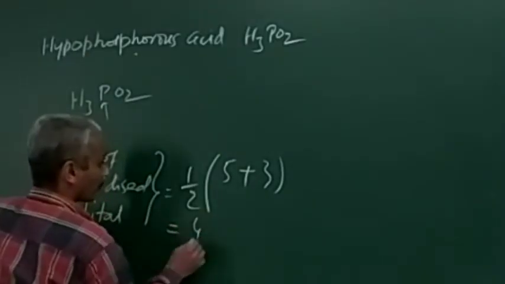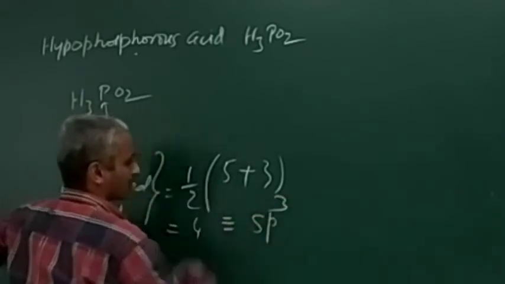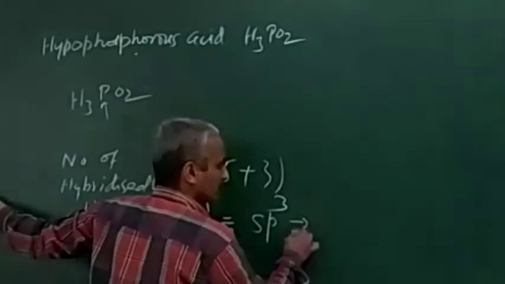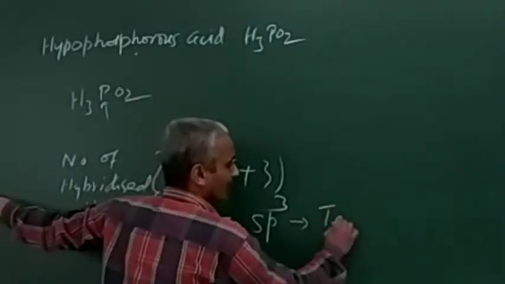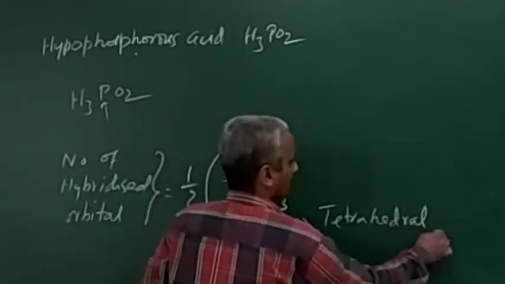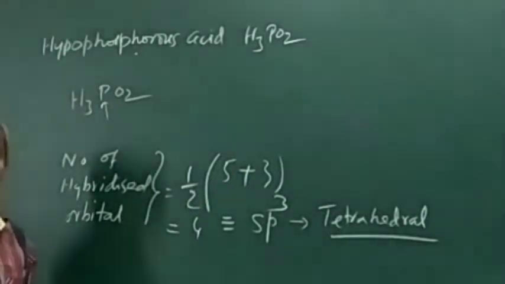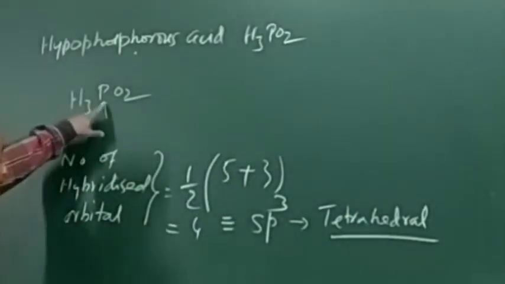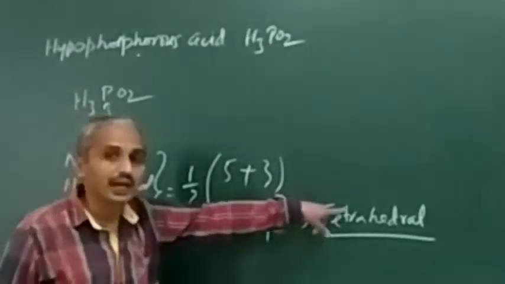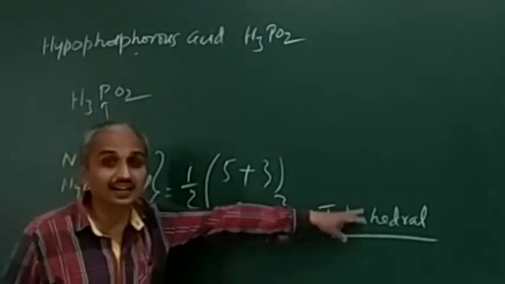So it is 4. 4 is given by sp3 hybridization. sp3 hybridization gives tetrahedral shape or tetrahedral geometry. So the hybridization in H3PO2 is sp3 and the shape of hypophosphorus acid will be tetrahedral in nature.